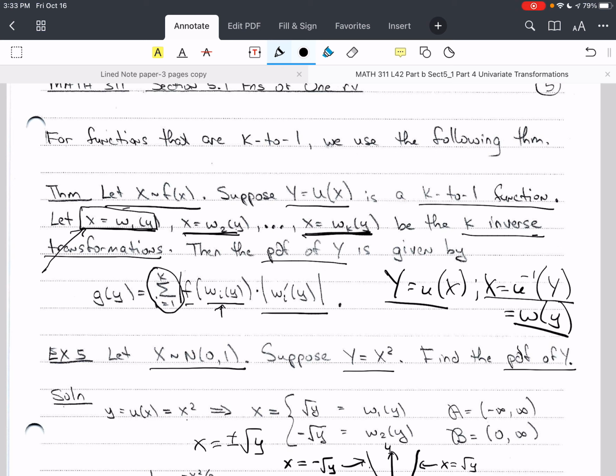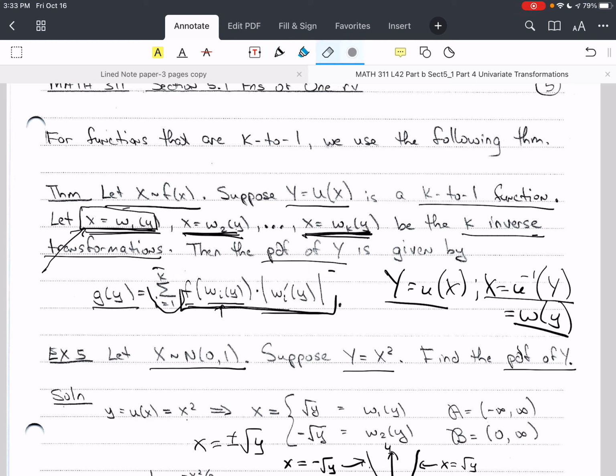This is the transformation theorem for the 1-to-1. So we do that where we have a 1-to-1 inverse in that section of x, and then we do this for each of those k pieces and add them together. And that gives us the overall PDF of y.